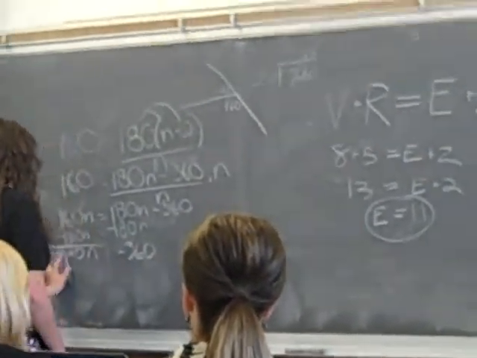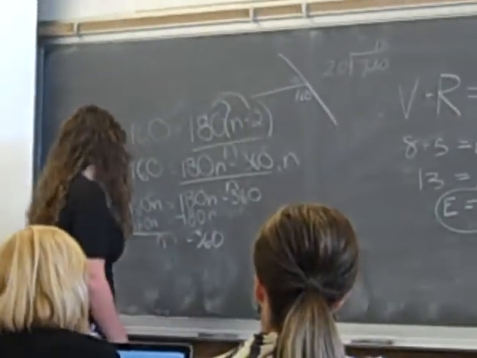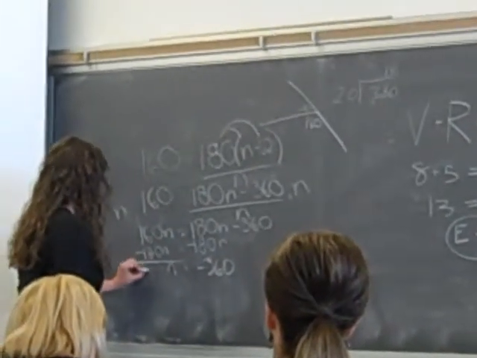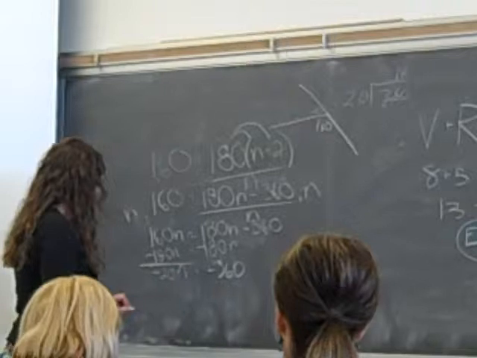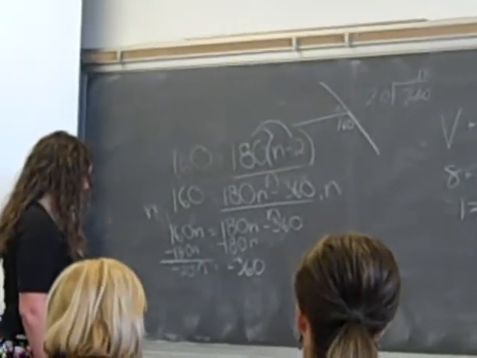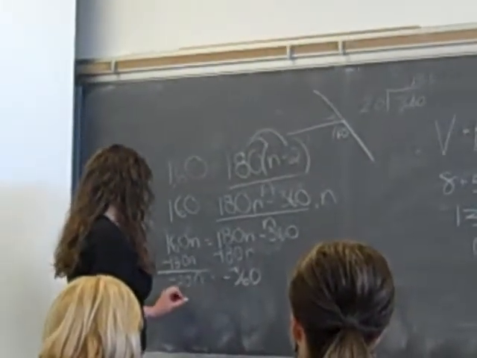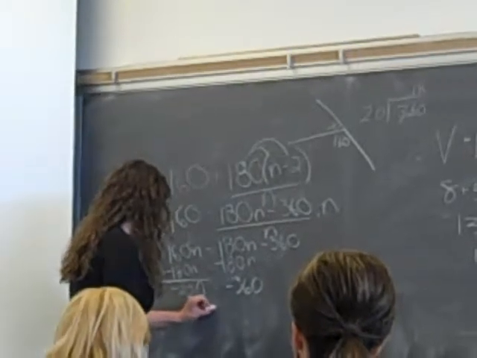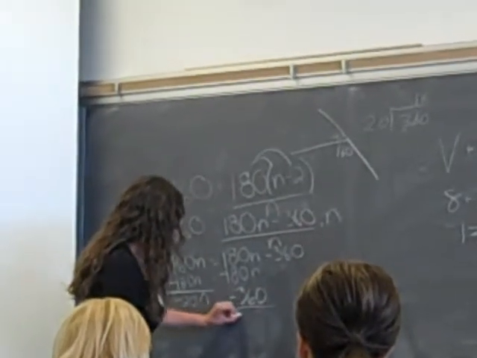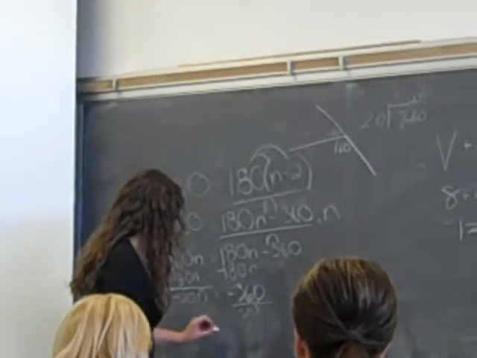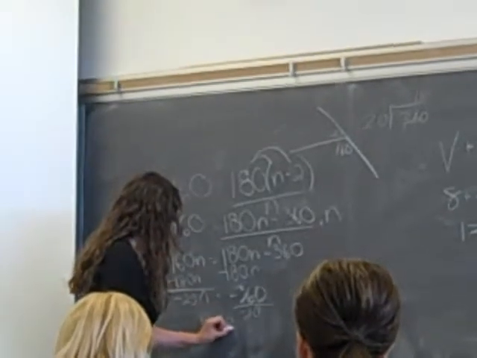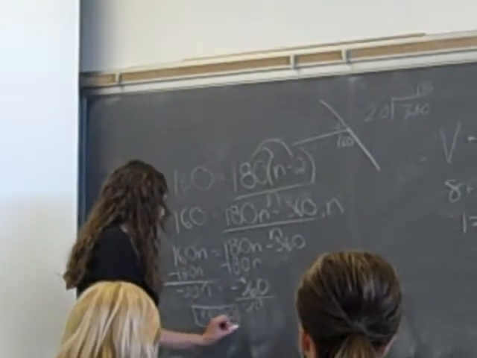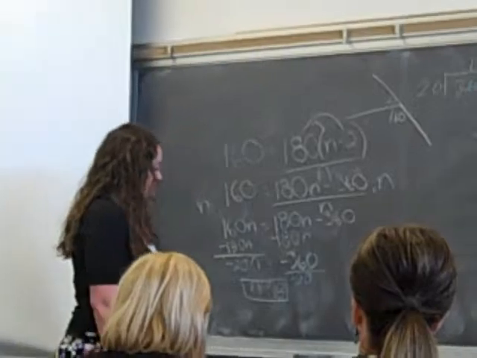Oh! Okay, I don't know what I was thinking, I was doing a negative 160. Okay, and then you have a negative 120, so you have n equals, and you divide this by negative 20, and then that's 18, which is the same thing as we got.